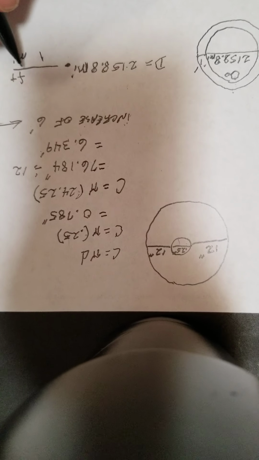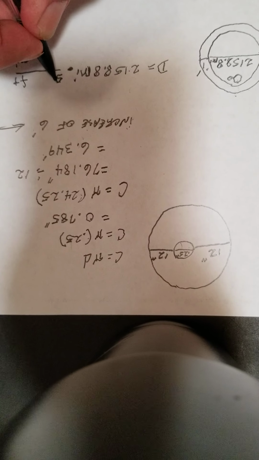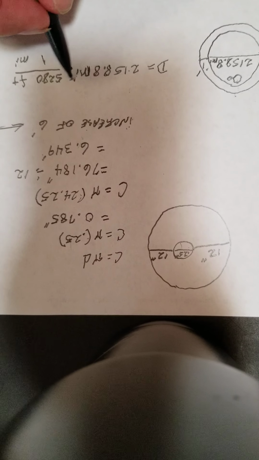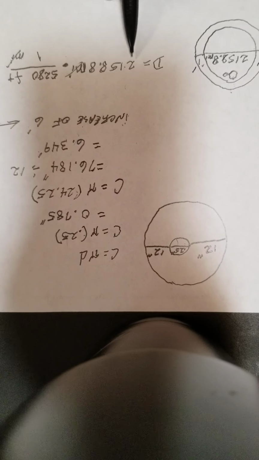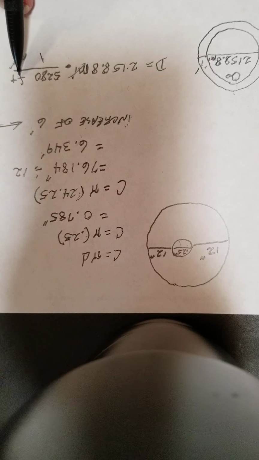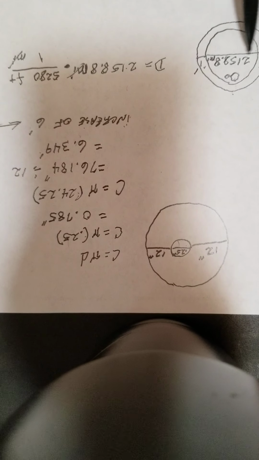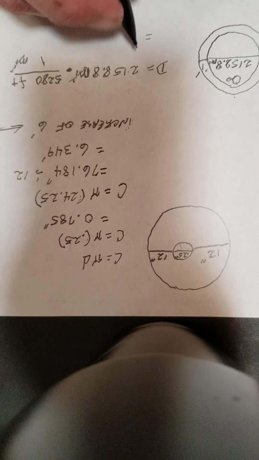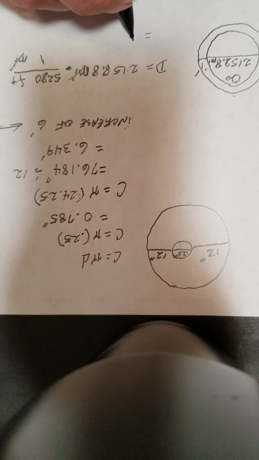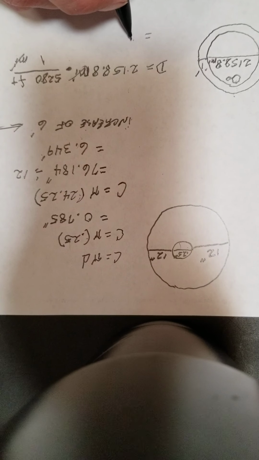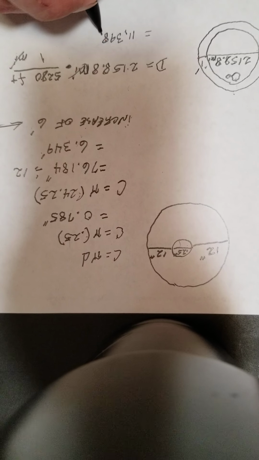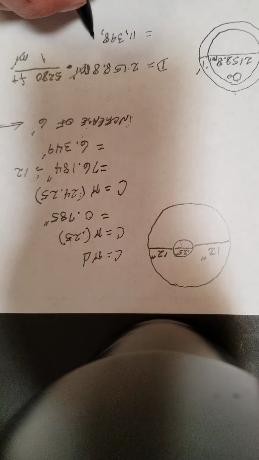And for every mile, there is 5,280 feet. All right, we can cancel the miles out, and so when we multiply this out, that's how many feet in diameter that the moon is. Well, it turns out that's going to be 11,398,464 feet.